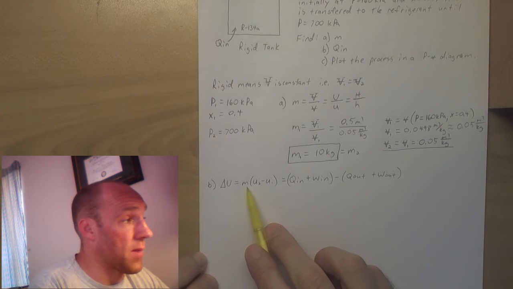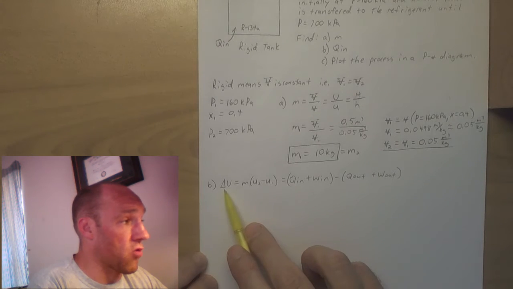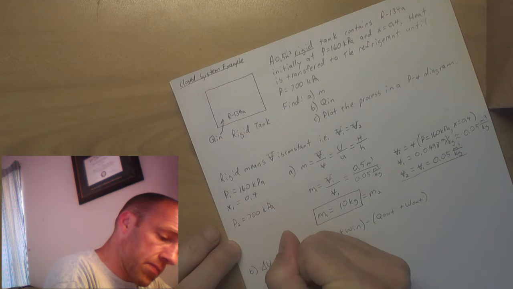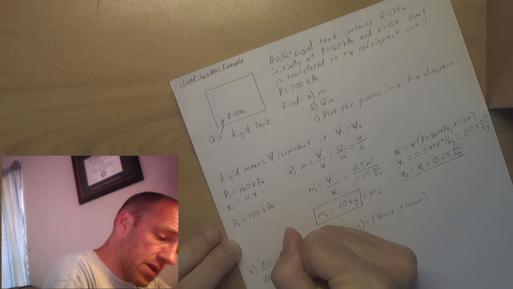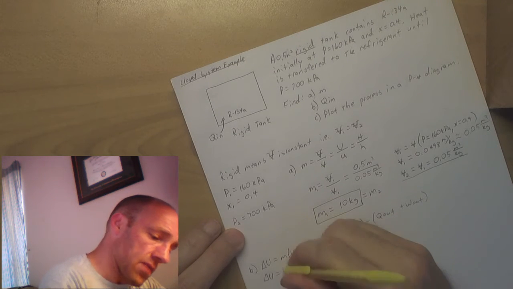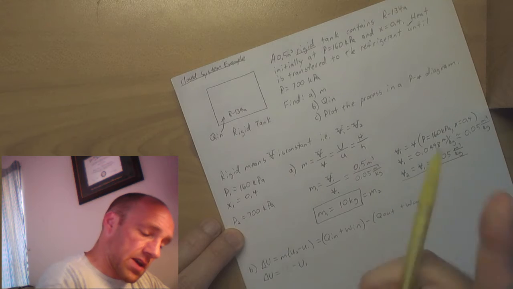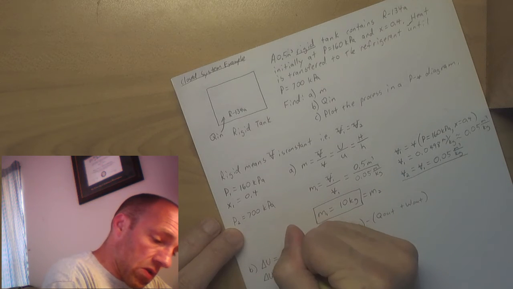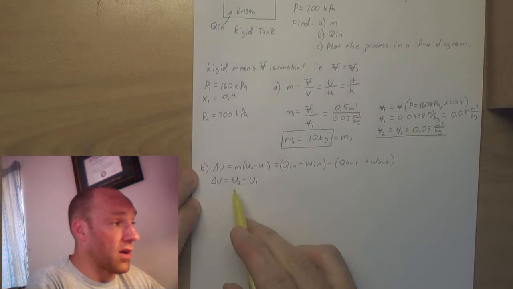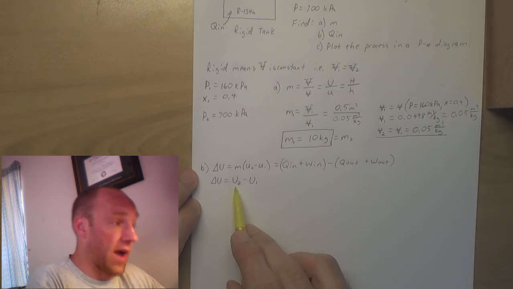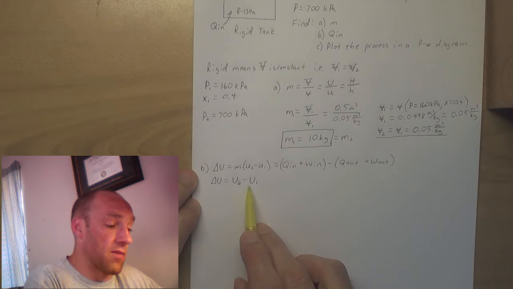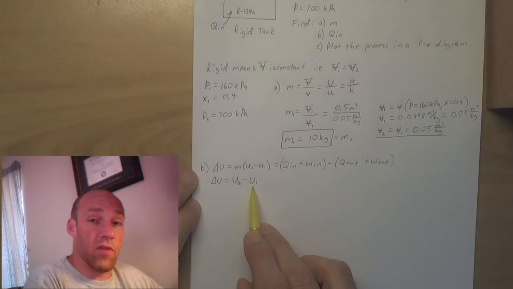Here's something maybe you haven't seen before, but it follows directly from that. Delta U is just U2 minus U1. These are capital letters. The change in internal energy of the system is, as a simple fact, equal to the internal energy at the final state minus the internal energy at the initial state.